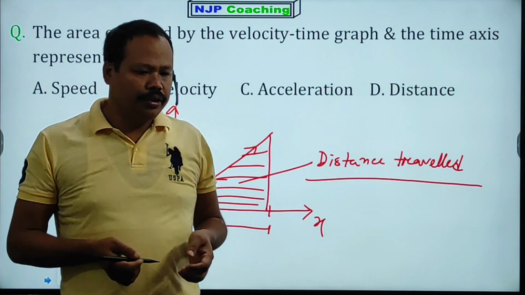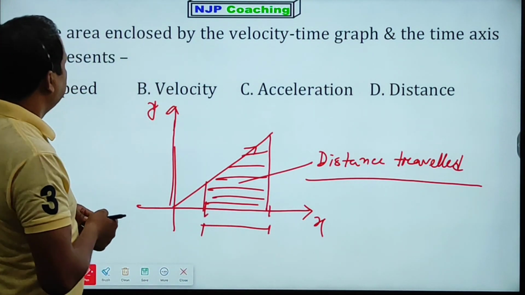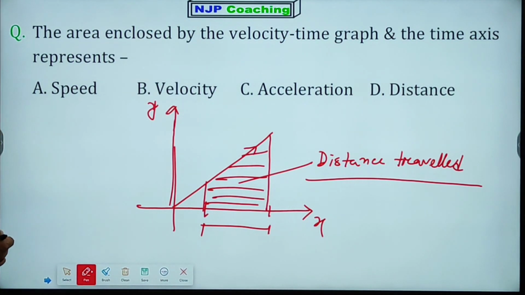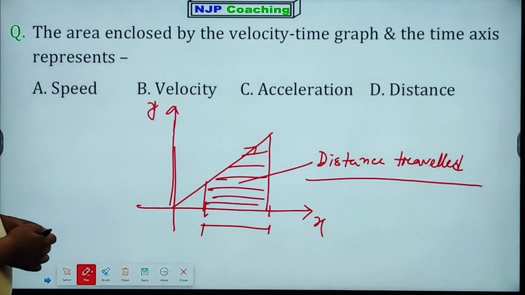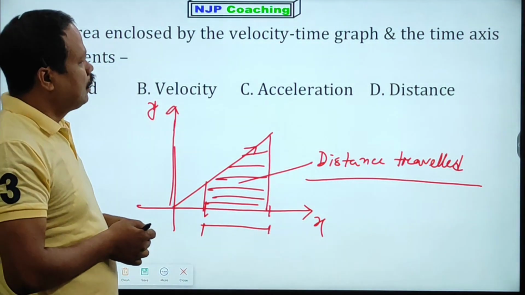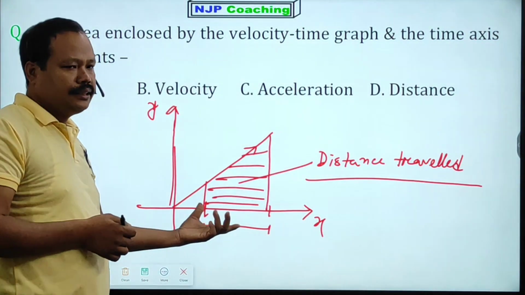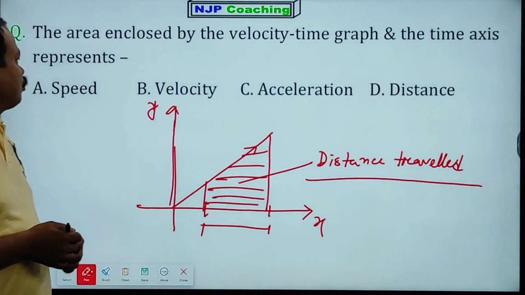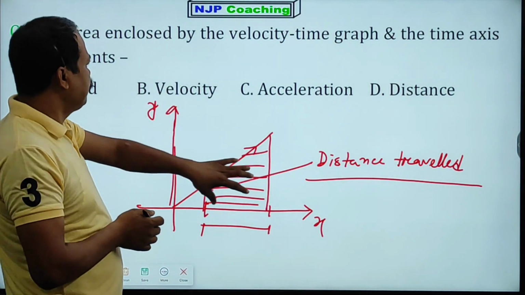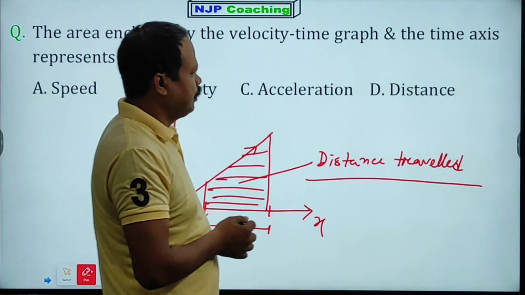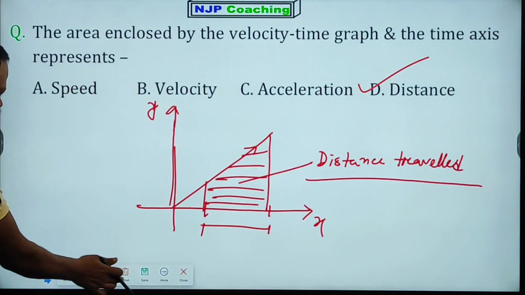Everything I will discuss. Now, the area enclosed by the velocity time graph and the time axis, the horizontal axis, represents distance travelled. So option D is the right answer.